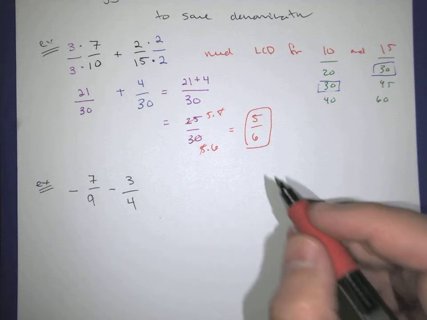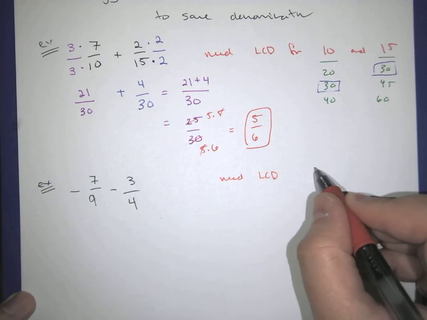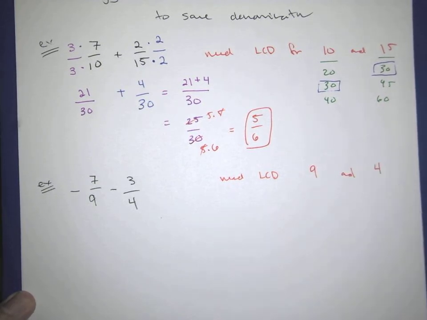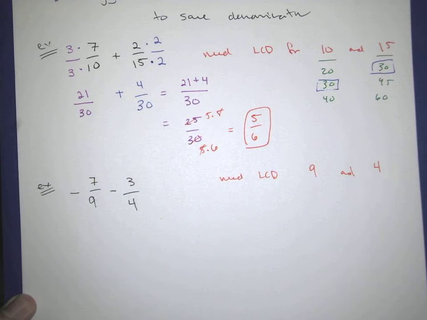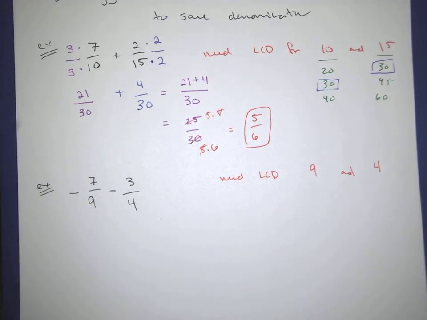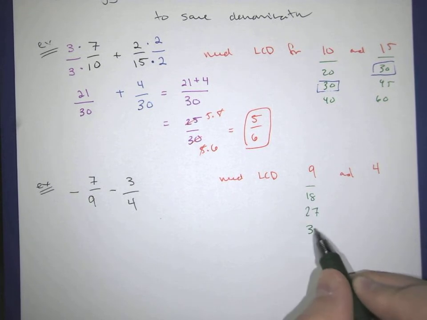First step, regardless, is we need an LCD. So let's look at 9 and 4. We can list multiples here. We don't need to go too far. 9, 18, 27, 36.